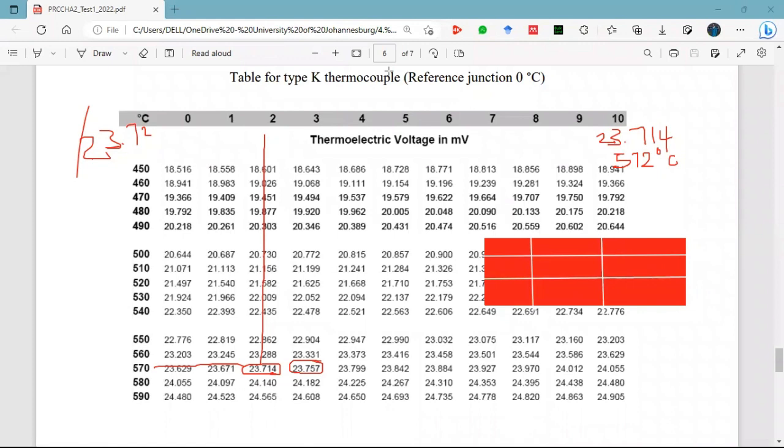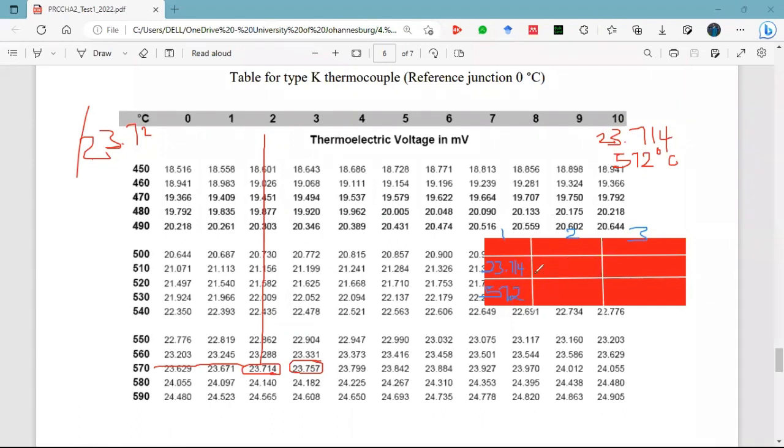As you can see, you're going to have 1, 2, 3. The first one was 23.714, that is going with 572. We all agree, right?